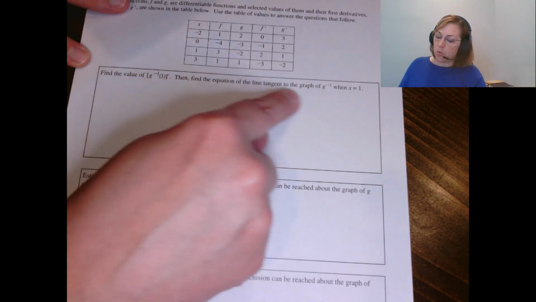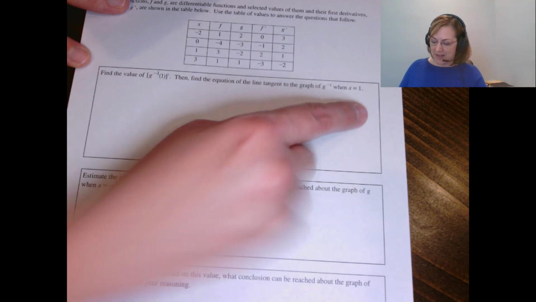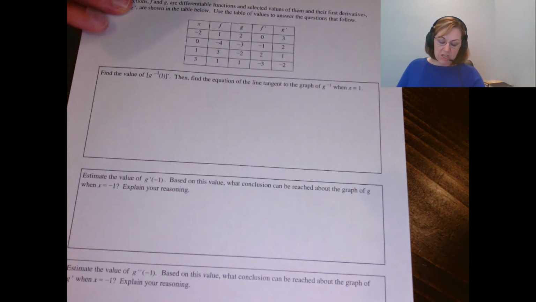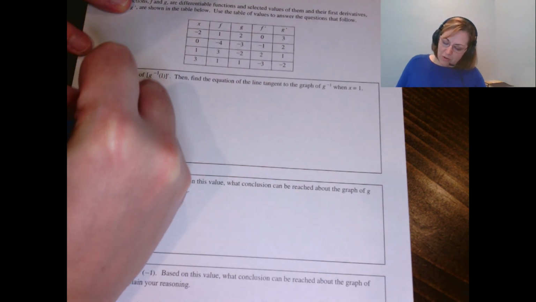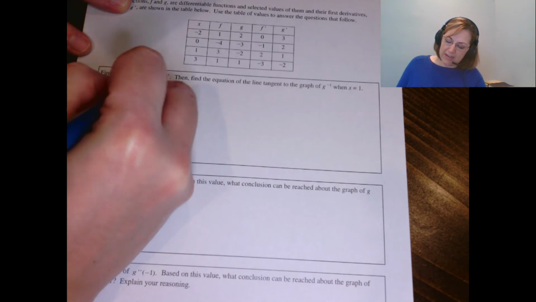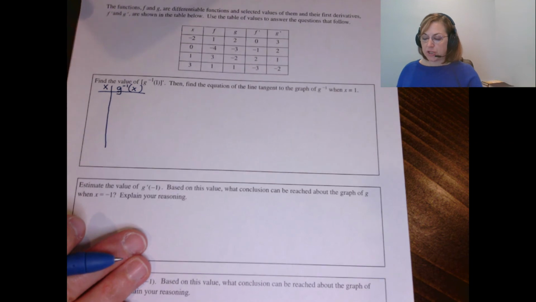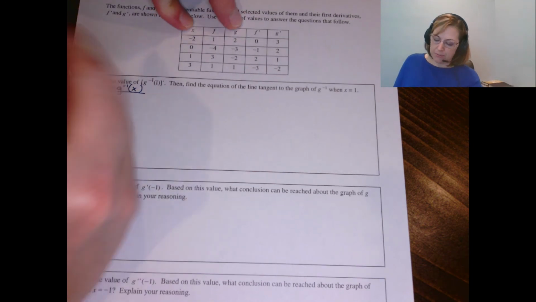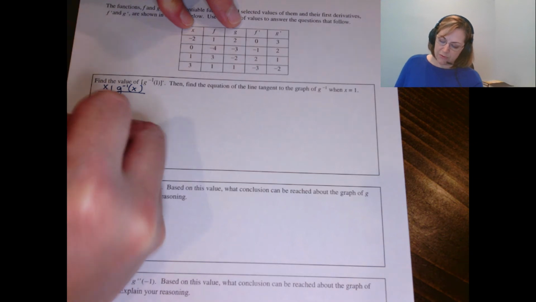Then we'll find the equation of the tangent line of the inverse when x is 1. Okay, so let's make our g inverse chart one more time since it's not on this page. We have it on the other one, but we want it to be handy, so we'll go ahead and do it again. Let's switch the x and the g values so that we get our inverse.